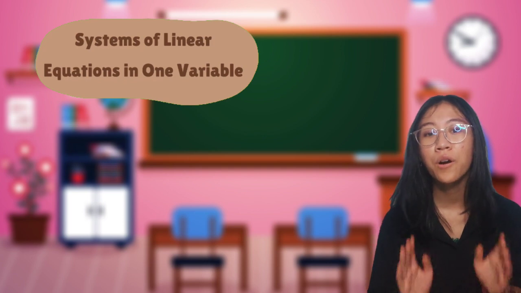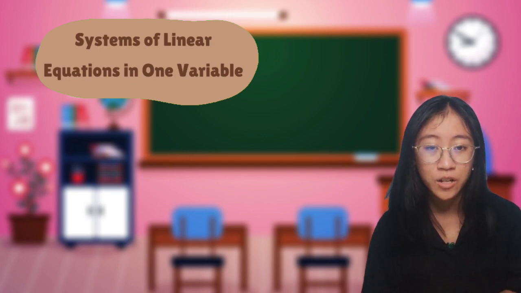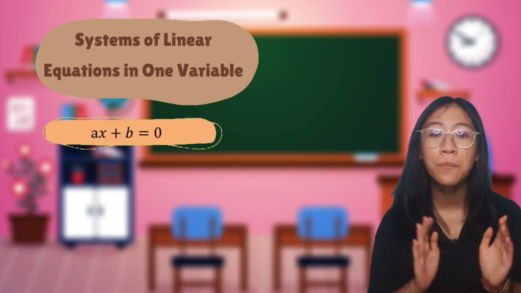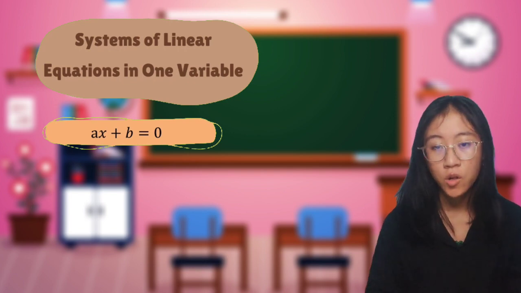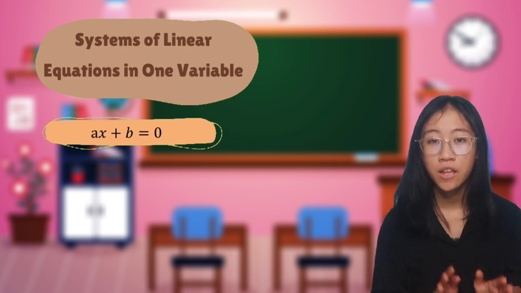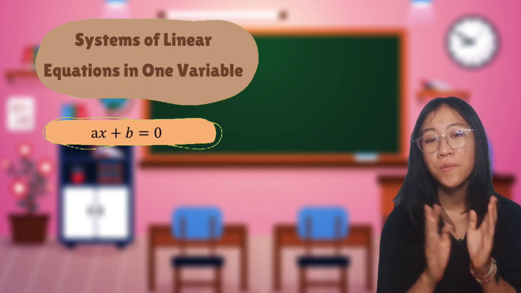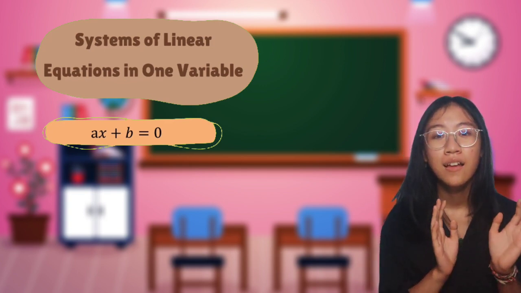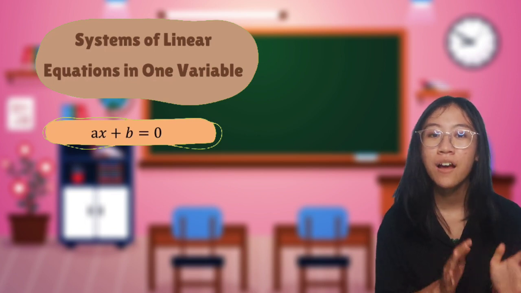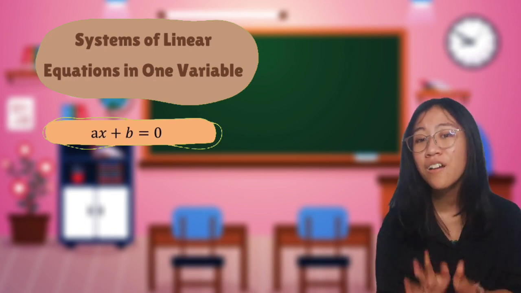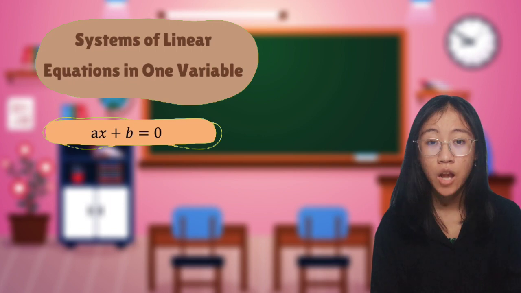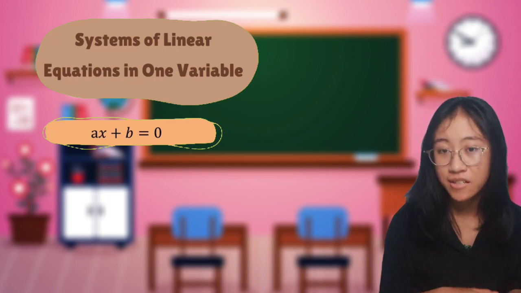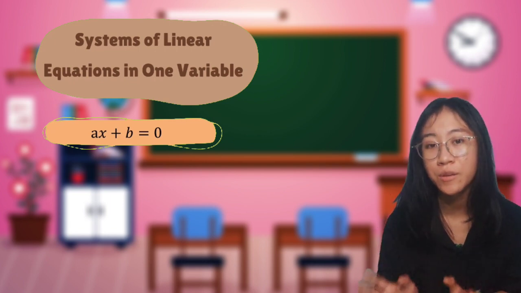The general form of the one variable linear equation is ax plus b equals 0. For this information, a is the coefficient, b is the constant, x is the variable. A and b are real numbers. A and b are not zero. However, what needs to be underlined is that the variables don't always use the symbol x.